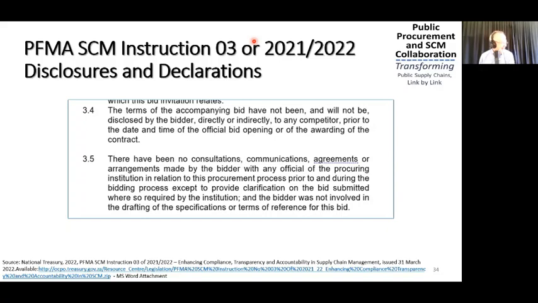For us, we've been applying the declaration on everything. No threshold. SBD4, 8, and 9, except for petty cash, because we had a separate petty cash policy that has its own process. But anything above the petty cash, we've been having the SBD4 done for all of them.